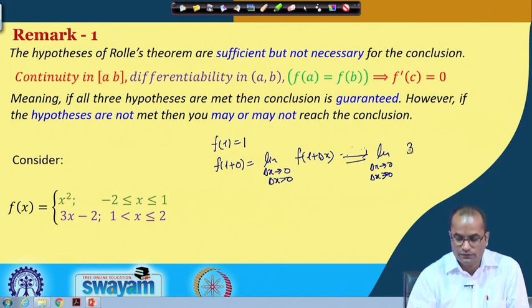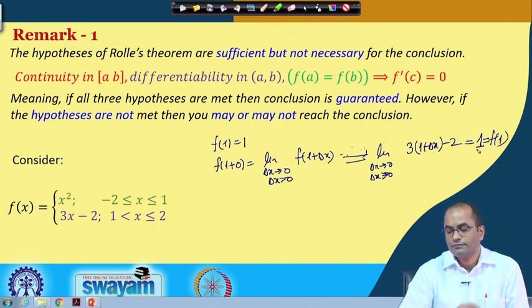So, you have 3 times (1 plus delta x), the argument, minus 2, and this is nothing but 3 minus 2, 1. So, 1 plus 3 delta x as delta x goes to 0. So, this is 1, which is equal to f(1).